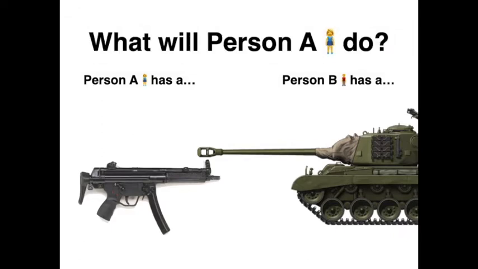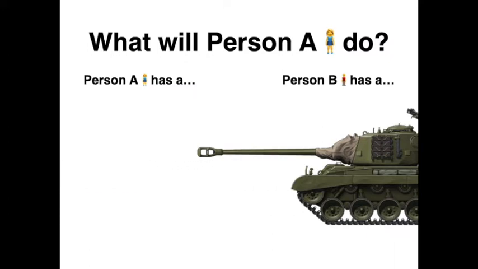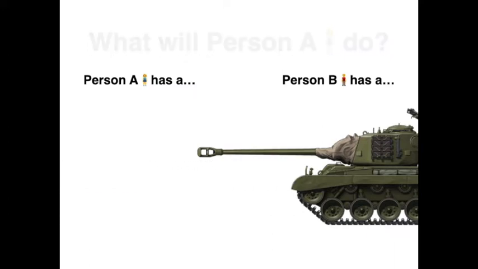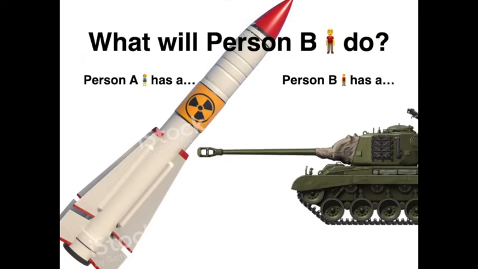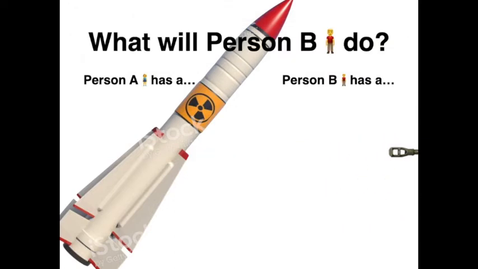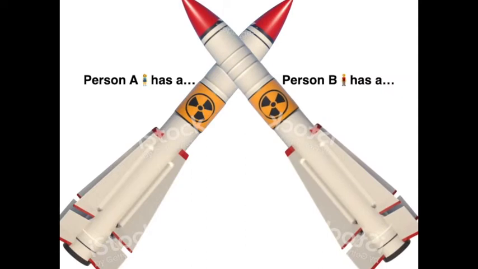I've only got a machine gun, they've got a tank. So person A leaves. Person A is going to come back with a nuclear bomb. What's person B going to do? Well, you can't get any bigger than a nuclear bomb. So they are going to leave, and they are going to come back with their own nuclear bomb.